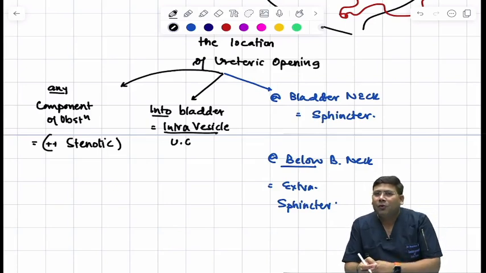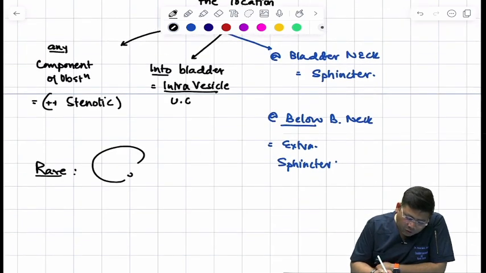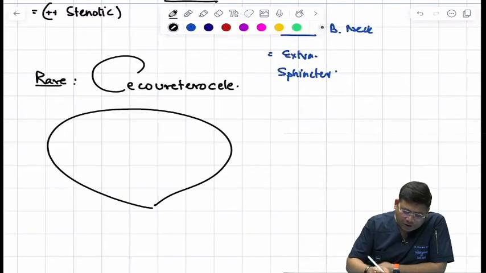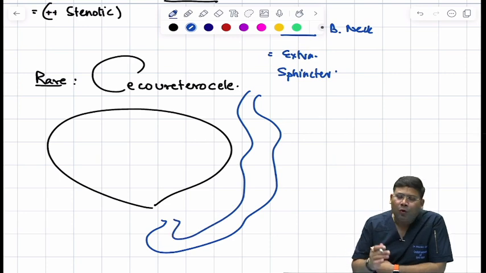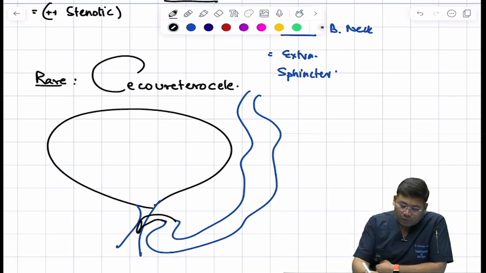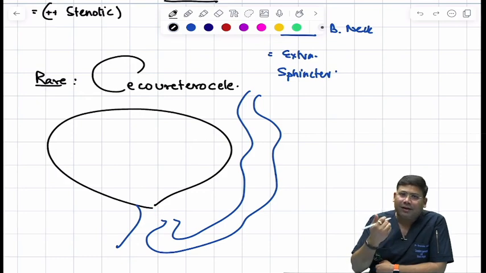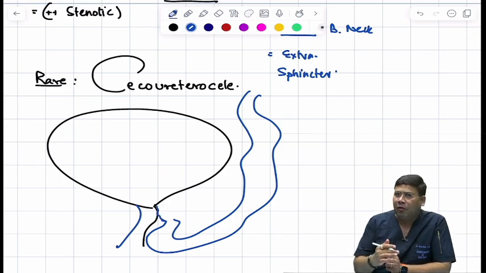ये कुछ चीजें हैं जो आपको याद रखनी चाहिए. One rare variety is CET. What is CET? This is what is very interesting. The CET is a type where the ureter is coursing and trying to enter into the bladder from below. So अगर ये यहां पर ओपन हो जाता, I would say extrasphincteric. अगर वो ब्लैडर नेक पे ओपन हो जाता, I would have said that it is sphincteric. It tries to enter from below, but it doesn't merge at the level of bladder neck.